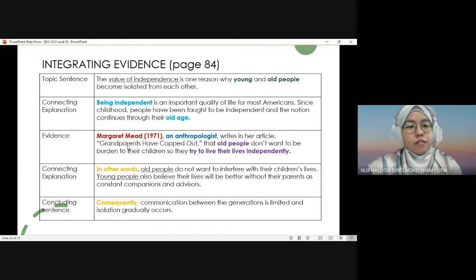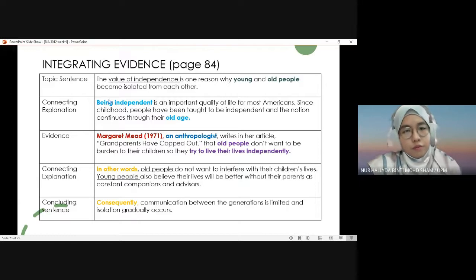Dump evidence means you just copy and paste the evidence and then you leave it like that. No. You need to explain your evidence. You have to retell, rewrite what Margaret Mead says here. What does she mean about the generation gap and about being independent? Okay, and then last one, you conclude.